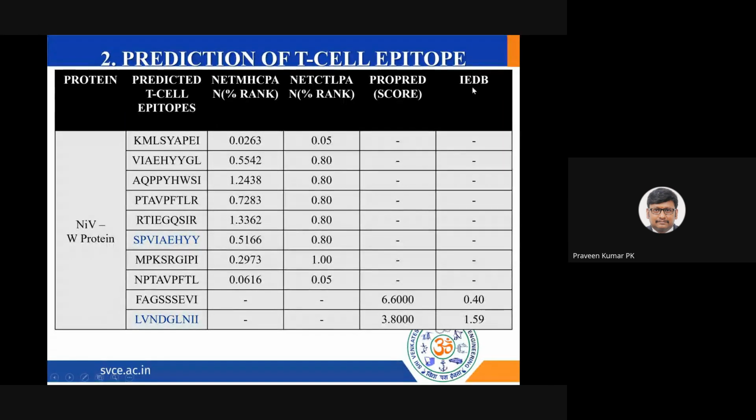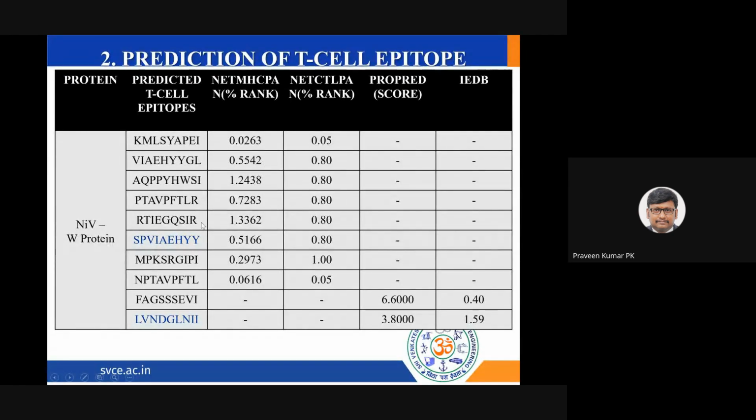If I just work with a single database and a single tool, we can't justify whether that is the best peptide. So I predicted the T cell epitopic peptide from the other servers also, and then got the concurrence, that is, which predictions match with each other across the websites.